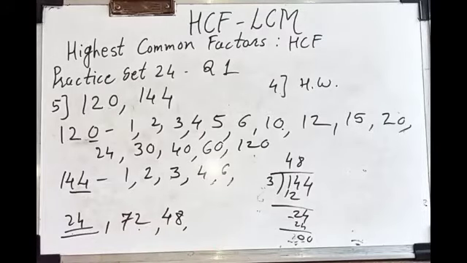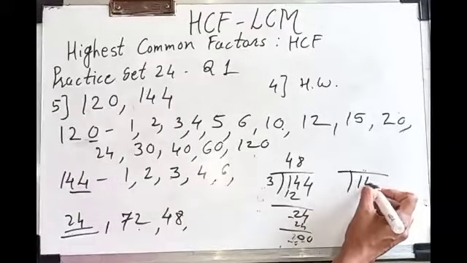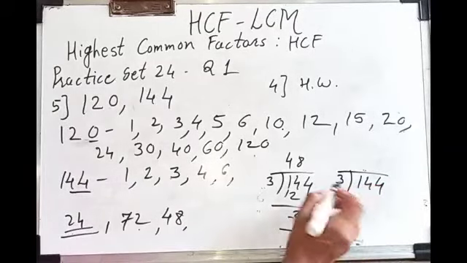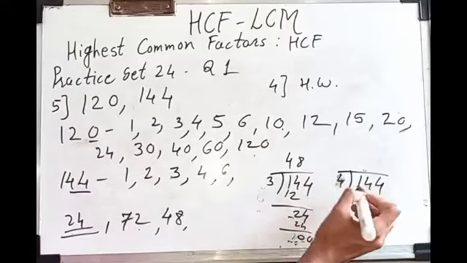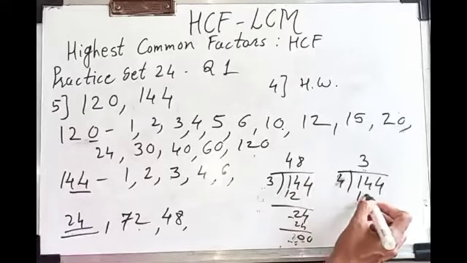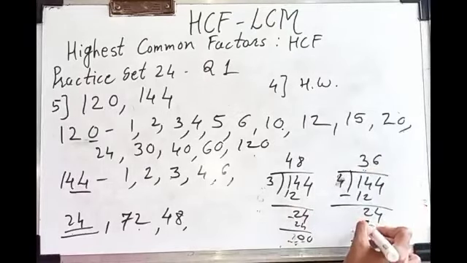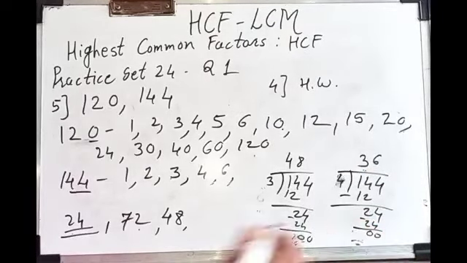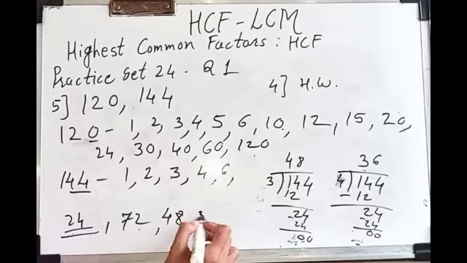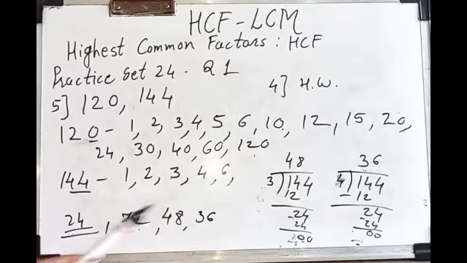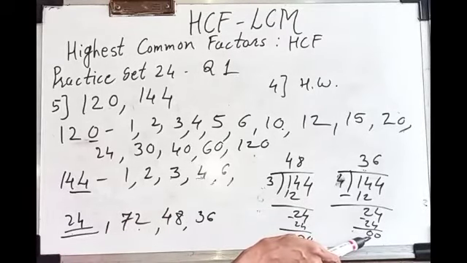If I divide by 4, what do I get? 144 divided by 4. 4 3s are 12, 4 6s are 24. So 36 is also one of the factors. We see 4 is also a factor, and when I divide by 4 I get remainder 0.